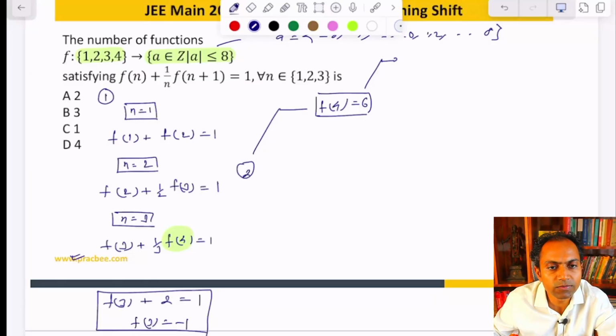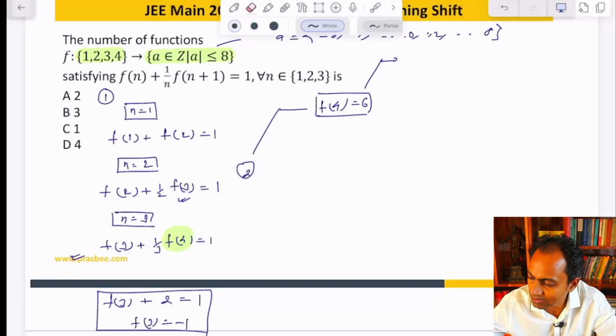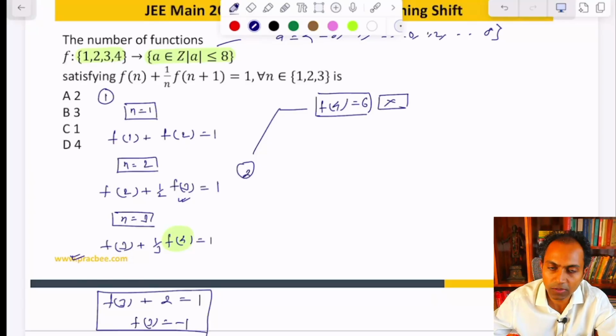If f of 3 becomes minus 1, let us see what happens to the value of f of 2. You can see that this value will become a non-integer. So what we can see from here is that f of 4 can't be equal to 6. It will not work out.